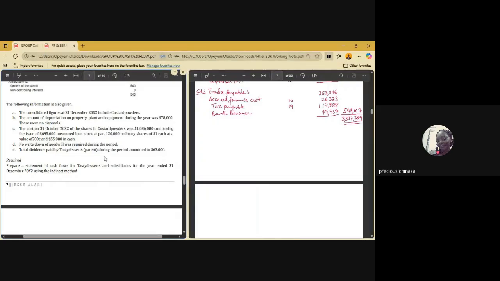D. No write-down of goodwill was required during the period. E. Total dividend paid by Tasty Desserts, the parent, during the period amounted to $63,000. Required. Prepare a statement of cash flows for Tasty Desserts and subsidiaries for the year ended 31st December 20x2 using the indirect method.